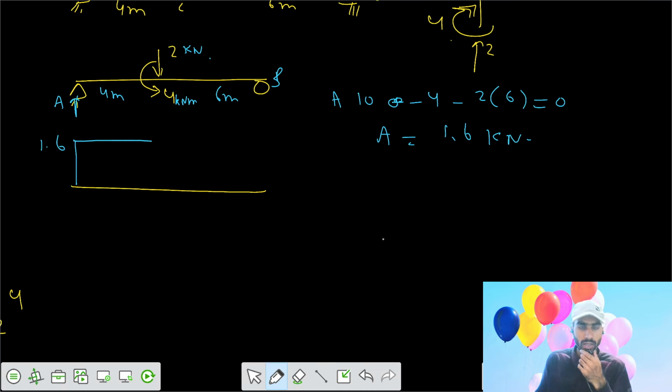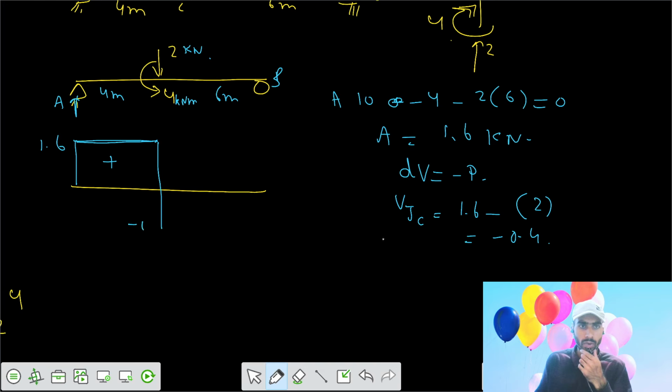Then there is a constant line up to point C, because no external UDL is acting, so your slope is constant. After that, there is no effect of the concentrated moment in the SFD, but only the effect of the concentrated load, that dV equals minus P. So the shear force just after point C would be the shear force before, 1.6, minus your load acting downwards, so the net value is 0.4 downwards, minus 0.4.